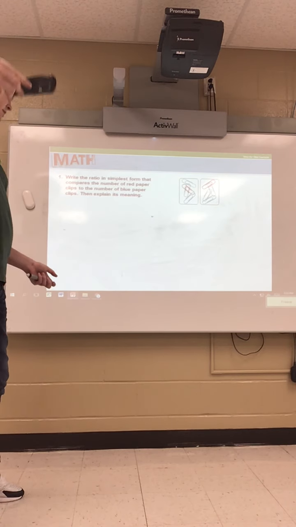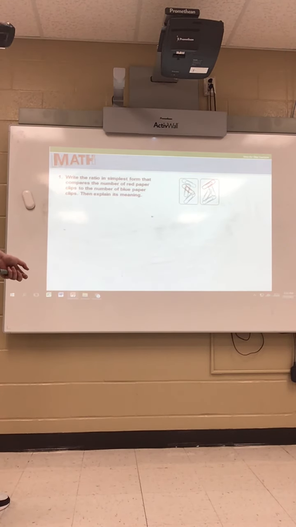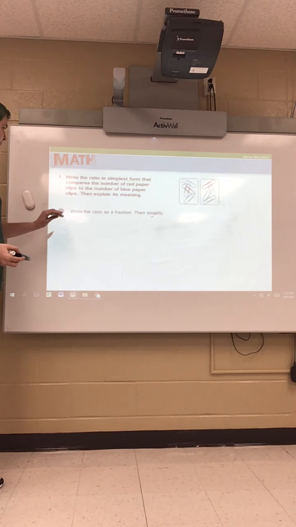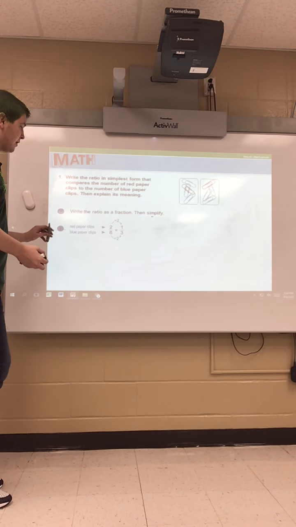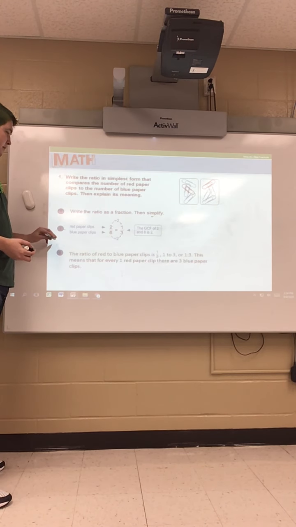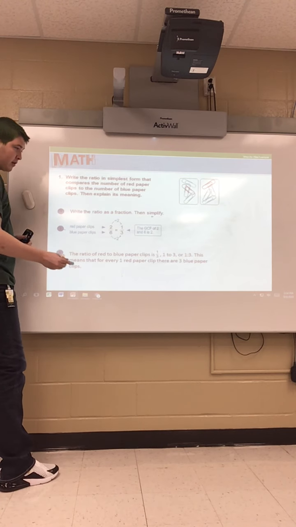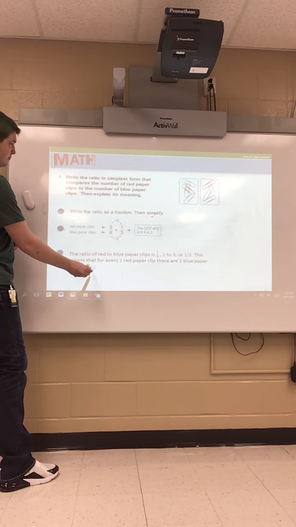So 2 over 6 can be reduced and simplified to 1/3. And the ratio of red to blue paper clips is 1/3, 1 to 3, or 1:3. And it means that for every 1 red paper clip, there are 3 blue paper clips.